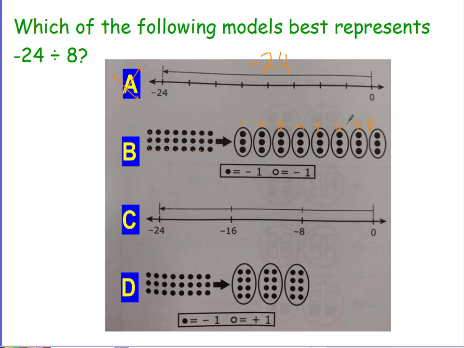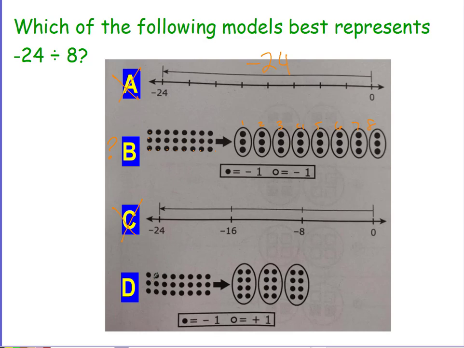And I know that 24 divided by 8 gives me 3. And since I have a negative divided by a positive, my answer is going to be negative 3. So yes, B could be a possible answer. Again, the number line, if it's not being represented by hops, then I know it's not a multiplication nor a division problem, so it cannot be C.